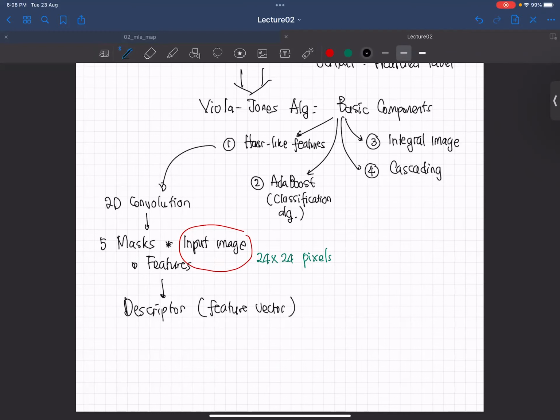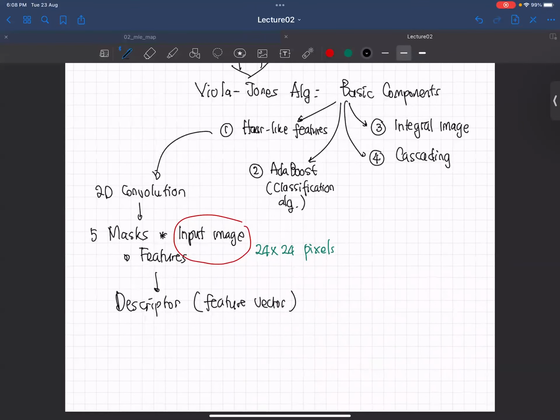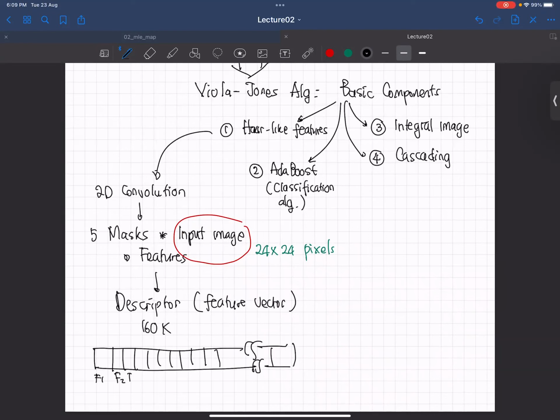The length of this vector is 160K, so it is very long. You can imagine feature 1, feature 2, feature 3, and so on until feature 160K. That's the descriptor that we will have.